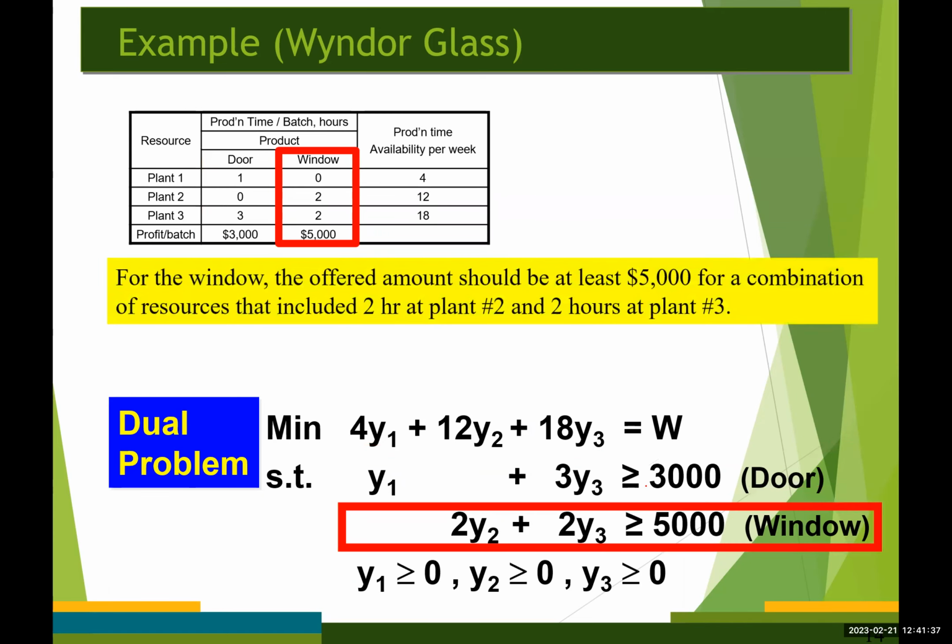Likewise, at least $5,000 must be paid for the combination of resources used to produce windows. So Y2 and Y3 must satisfy this second dual constraint.